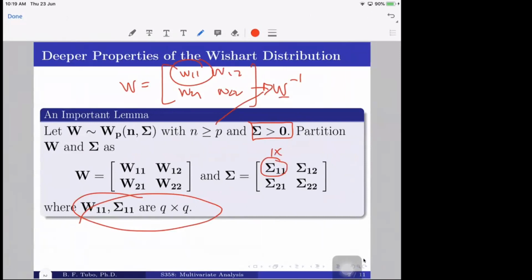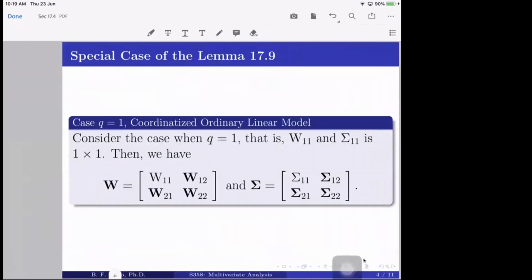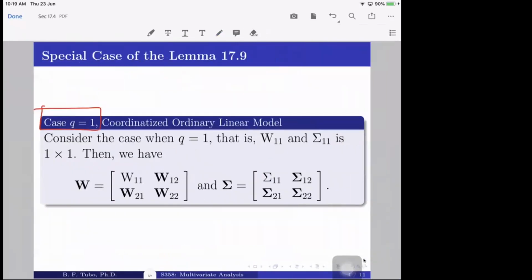This will be a 1 by 1 matrix. So when Q is 1, it becomes the ordinary linear model. So consider the case when Q is 1. That is when W11 and sigma 11 is 1 by 1. Then it is no longer bold. Okay, 1 by 1.